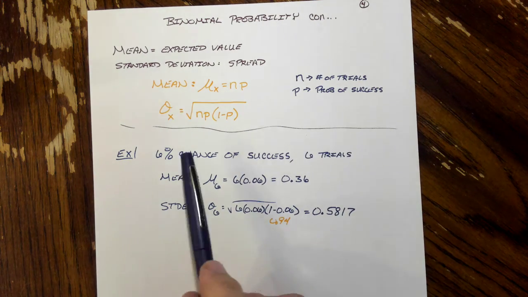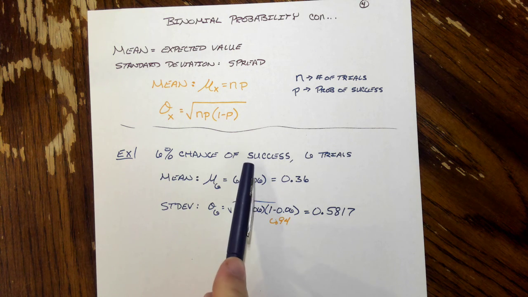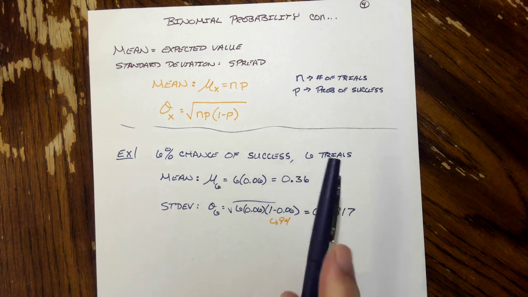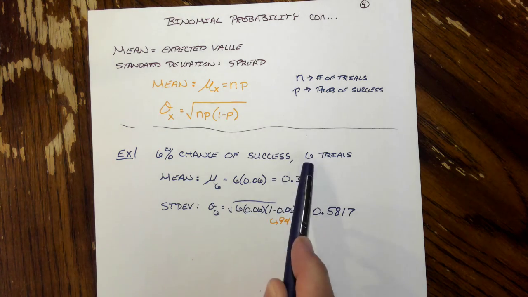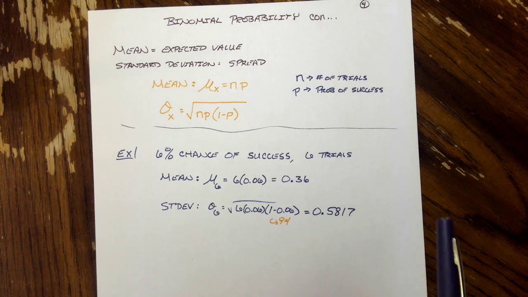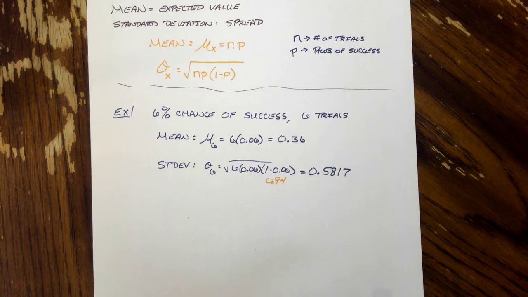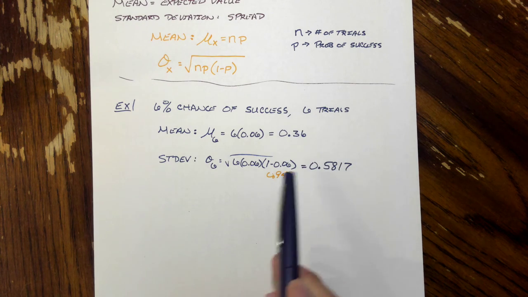So let's look at an example here real quick. Let's say we've got a 6% chance of success, not the best, and we're going to do 6 trials. So if we wanted to find the mean, we would take 6 times 6%, 0.36. Okay, 0.36. So our mean will be about 36%.